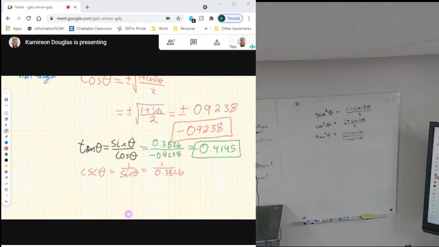To find secant, I would do 1 over cosine, so 1 over negative 0.9238. And then for cotangent, I would use the inverse of tangent. So once you get a couple of them, the rest just kind of fall in, because I can use properties to find them rather than having to worry about anything else.